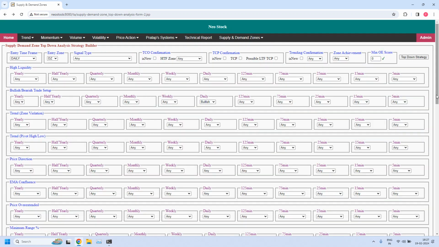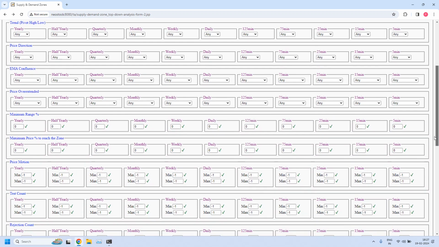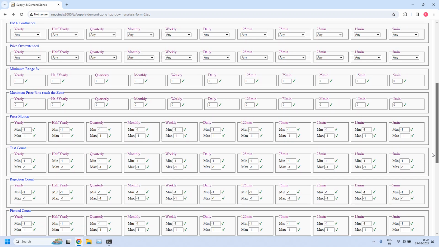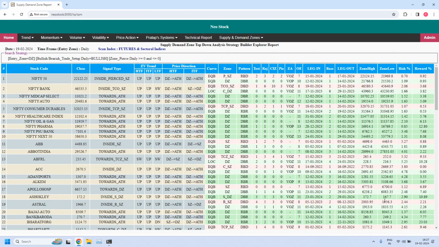So what I am going to do, I'll scroll down to the parameter pierced count. In daily time frame, I am setting the minimum value 0, maximum value 0. Now you filter. Now the list is further reduced. It eliminated the pierced zones.